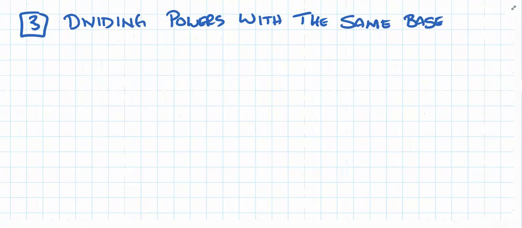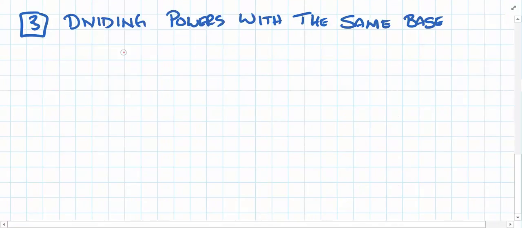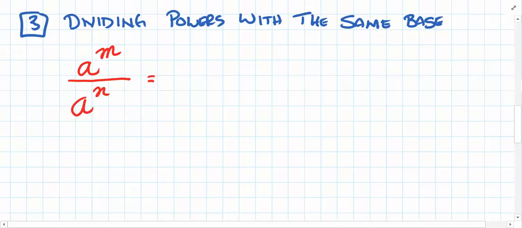All right, so let's talk about dividing powers of the same base. We already talked about this a little bit. If I take a to the m and I divide it by a to the n, what do we do to the exponents if I have the same base? We subtract them. Very good. So this would be a to the power of m minus n.